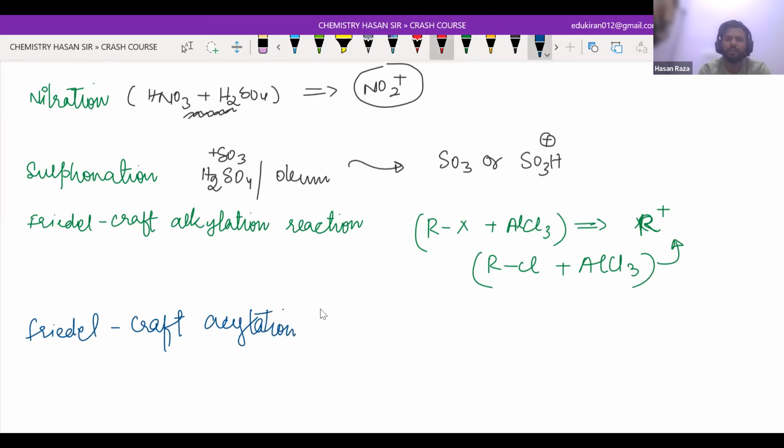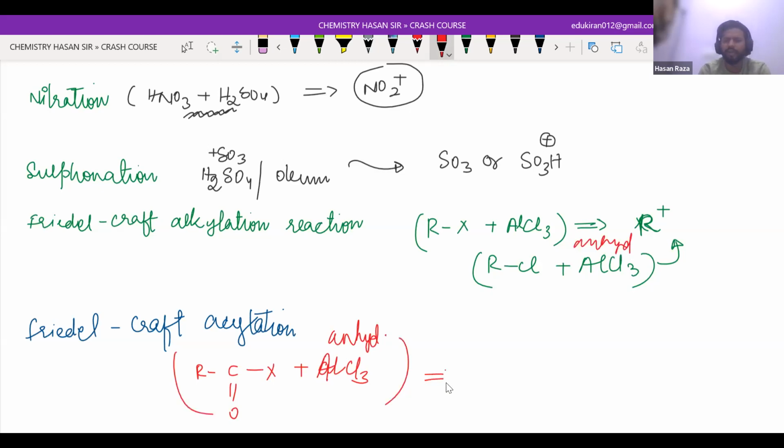This reaction is also very easy. You need to take an acyl halide in the presence of anhydrous AlCl3. AlCl3 will always be in anhydrous form, and with this reagent you will get an electrophile, that is RC double bond O positive.